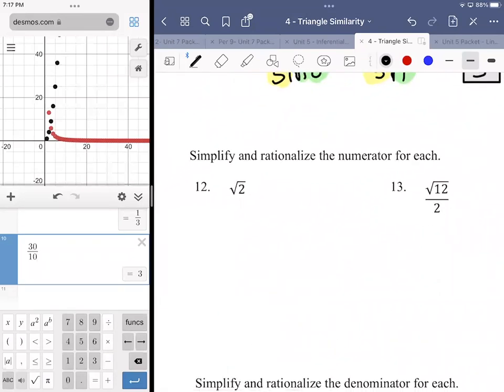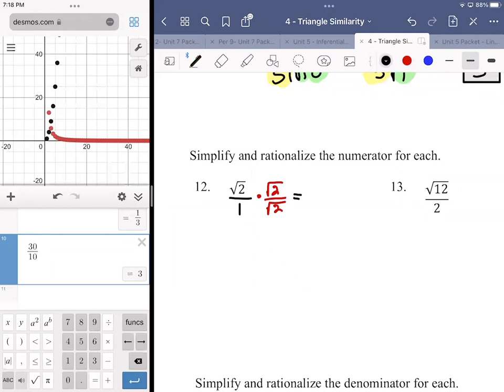So the radical 2 could be thought of as a radical 2 over 1. So if the first thought is, how do we rationalize a numerator if it's not a fraction? Hopefully that helps, because we don't always have to think about a number as just being a number. It could be part of a fraction, right? If I want to rationalize the numerator, I'm going to multiply top and bottom by rad 2.